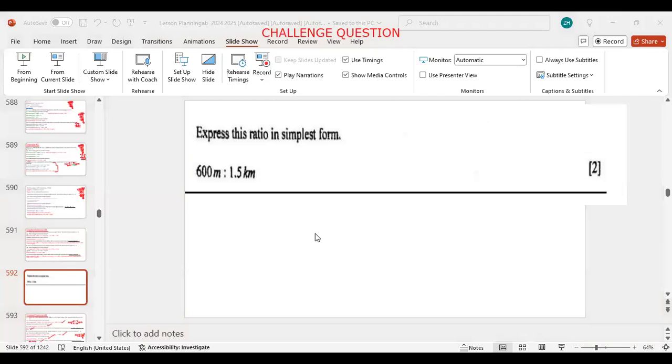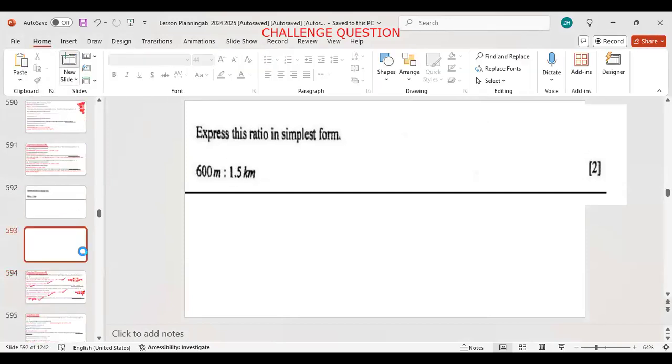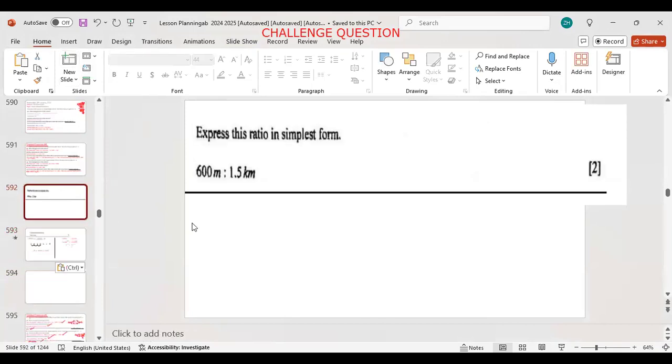So the way I would do this, and I'm going to show you all, I don't think we've done conversions yet, right? But remember they are in different units, so we have to make sure they're in the same units. We have one in meters and one in kilometers.